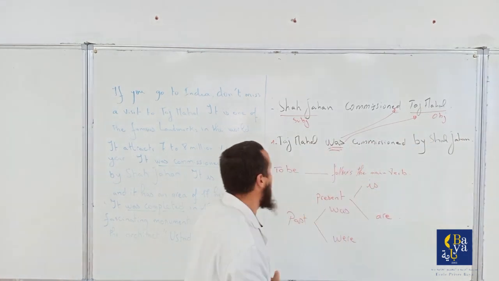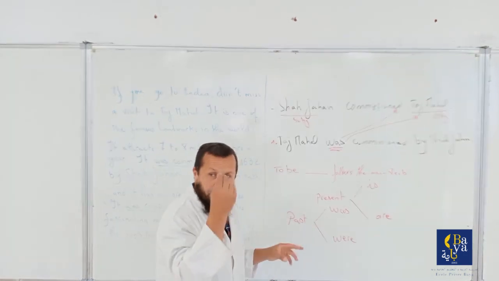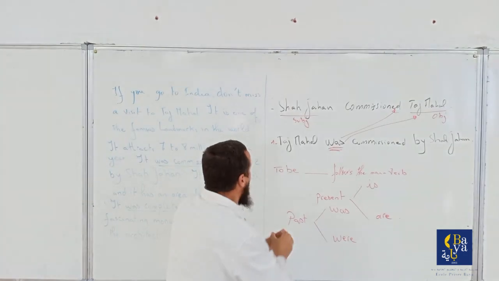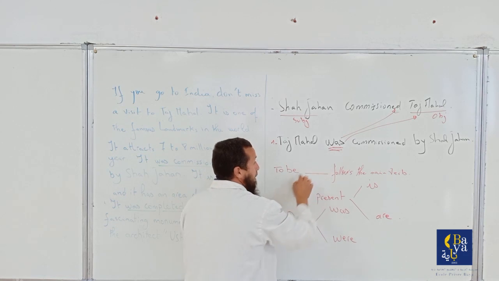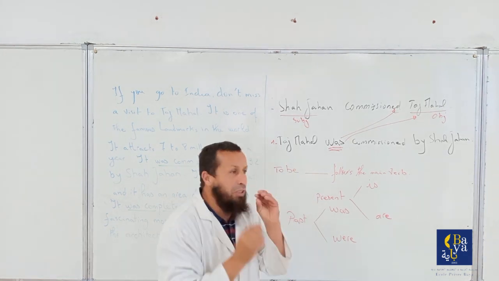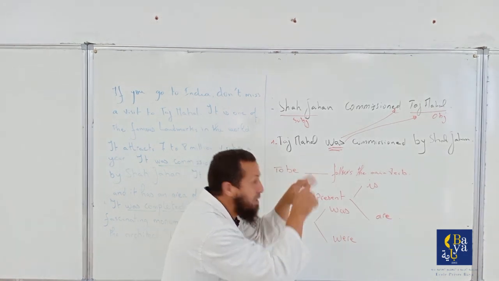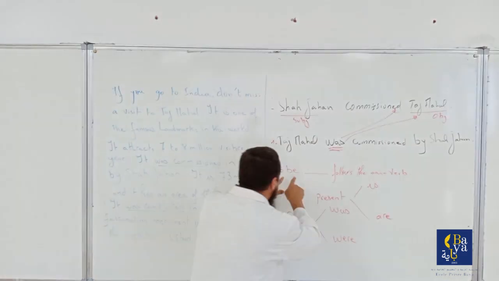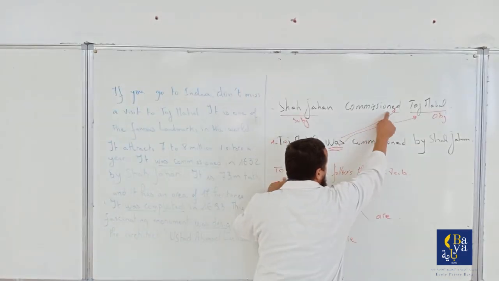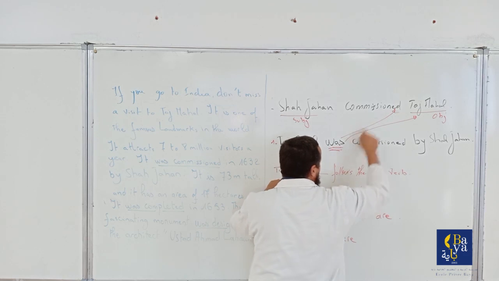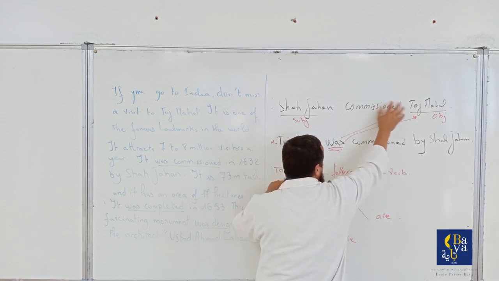Sometimes it becomes that. Now, the second thing, talking about the verb to be: to know whether the verb to be is in the present or in the past, the verb to be follows the main verb of the sentence. If it is in the past, it's in the past. If it is in the present, it's in the present.